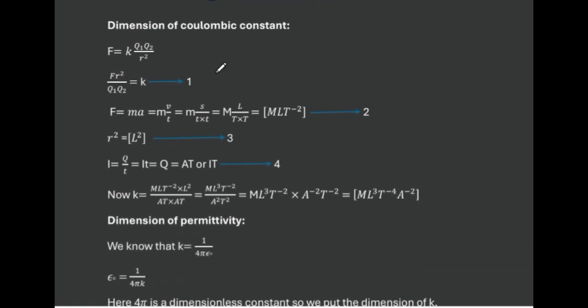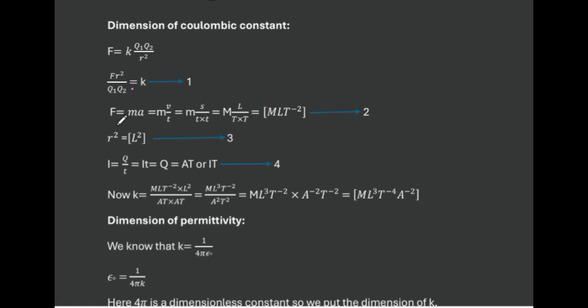Now let's calculate the dimension of the Coulombic constant. We know that F is equal to K Q1 Q2 divided by R square. By cross multiplication, K is equal to F R square divided by Q1 Q2. Now let's calculate the dimensions of force, R, Q1 and Q2 and put these values in equation number 1.